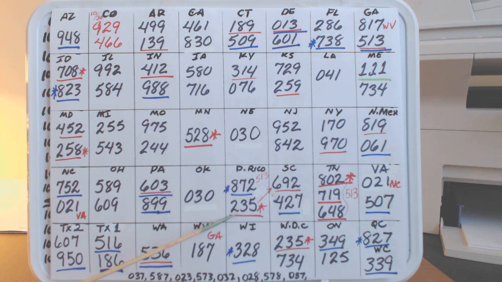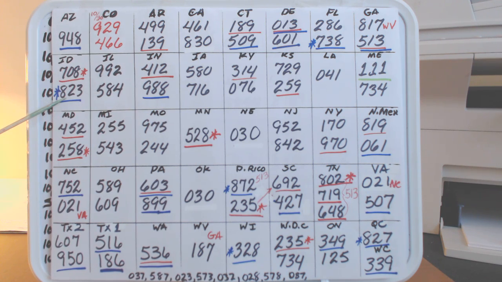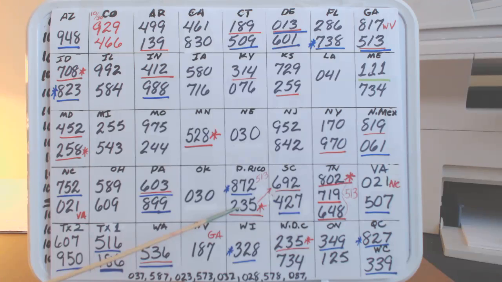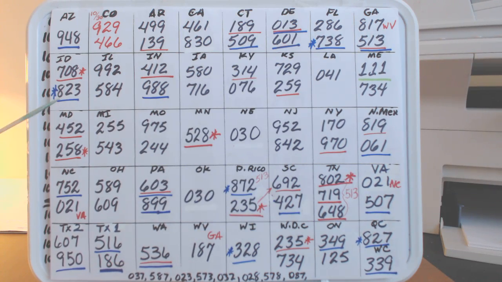So we have your 235 that was drawn with your 872. Also, here it is again, your 708 family, which is a part of your 235 family, was drawn with the 708.